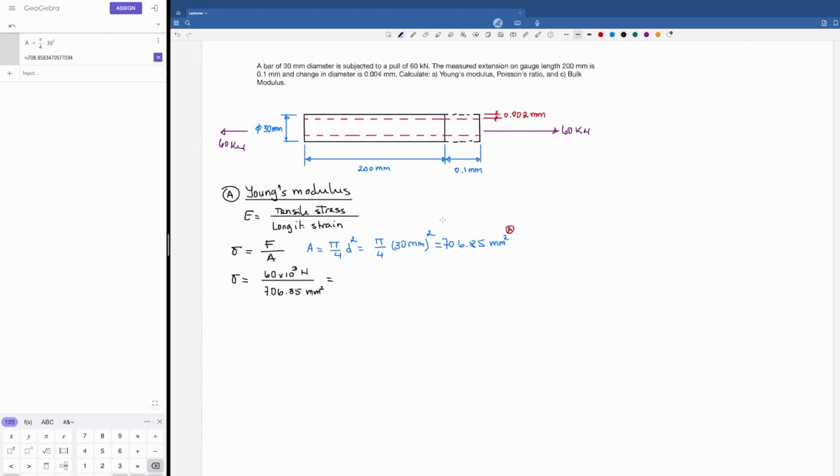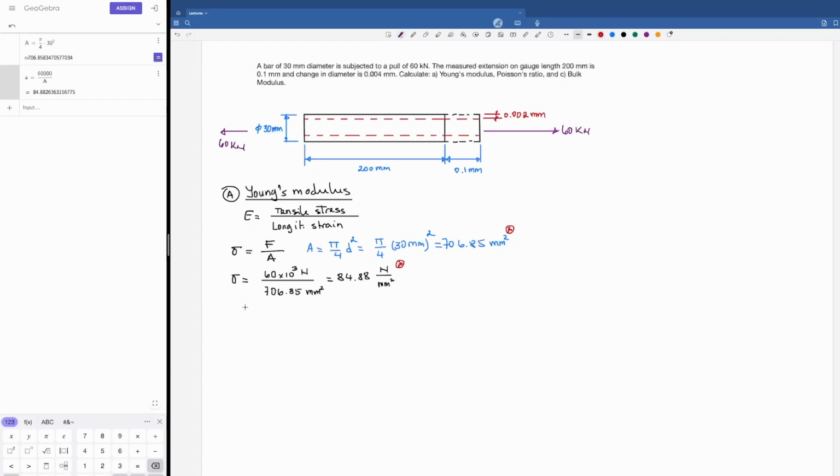And that's going to give me 84.88 newtons per square millimeter. And I have another piece of the puzzle here.